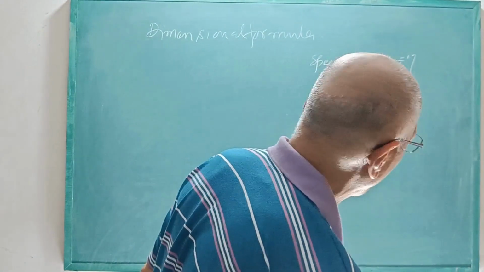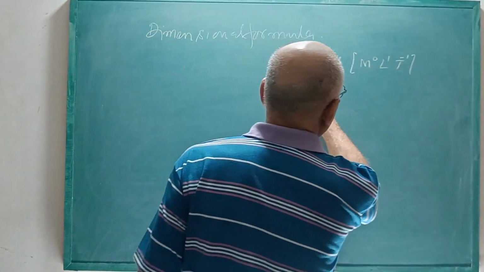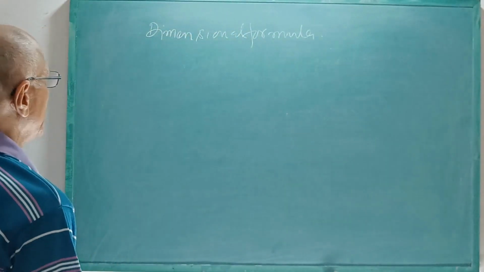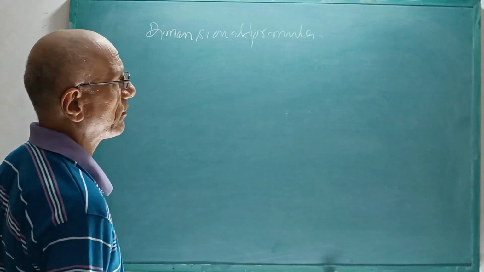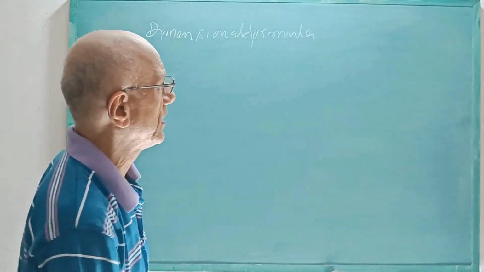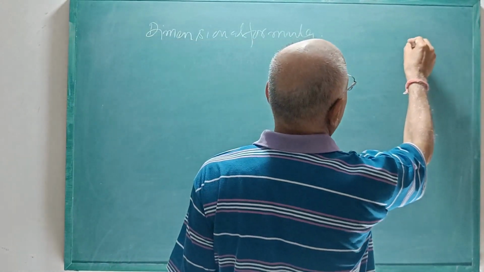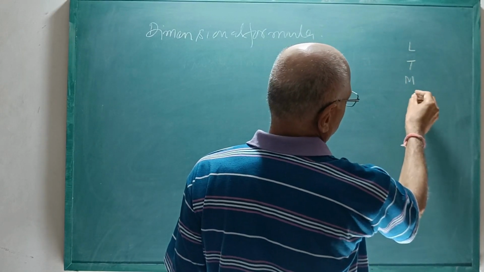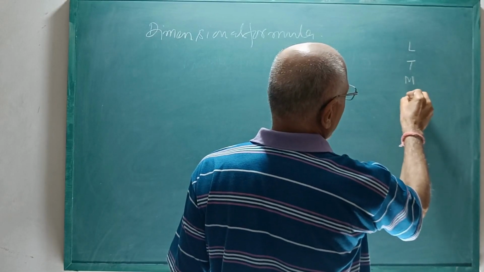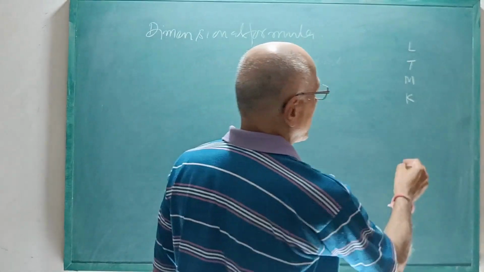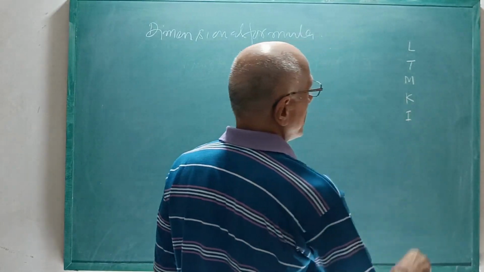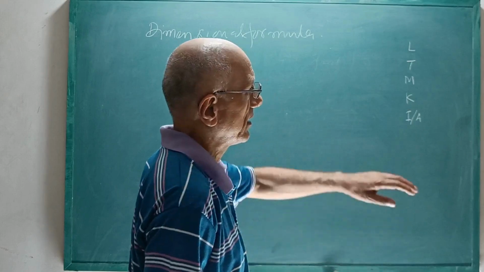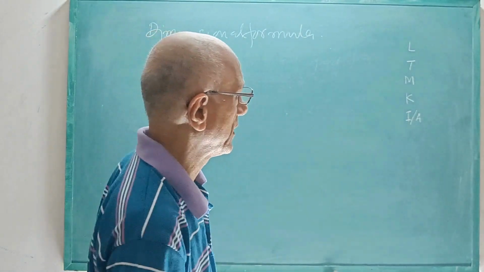So how to derive the dimensional formula of a physical quantity? Let us say we have the fundamental quantities. We have already discussed them. The fundamental quantities are length, time, mass, temperature, electric current, for which we use the symbol A in case of dimensions.